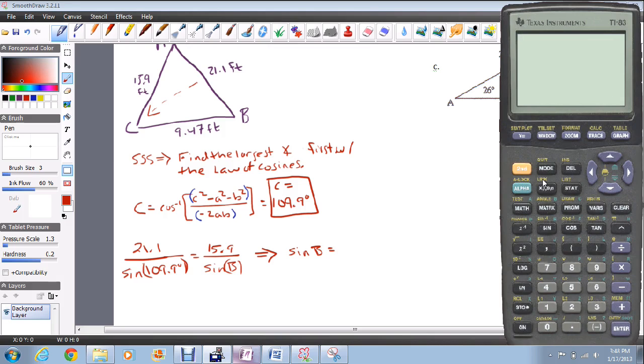Okay, so I'm going to cross multiply and then divide. So 15.9 times the sine of 109.9 divided by 21.1. Okay.